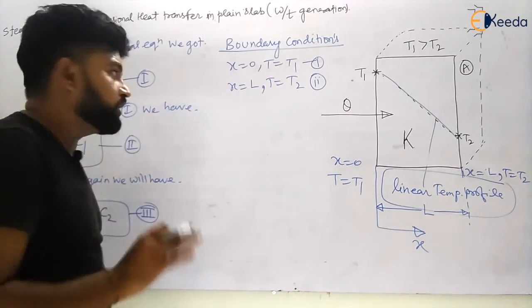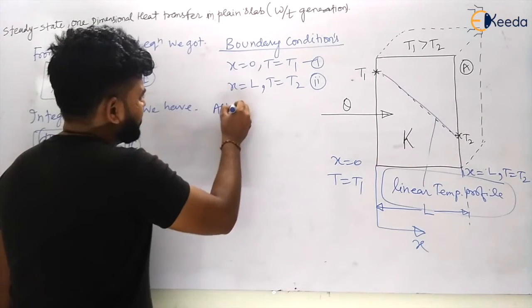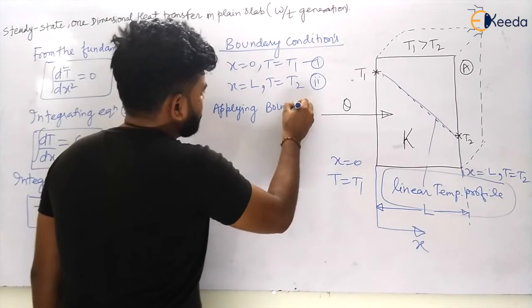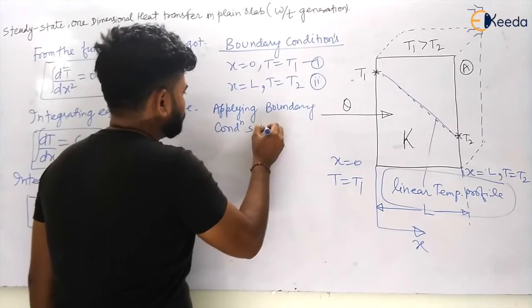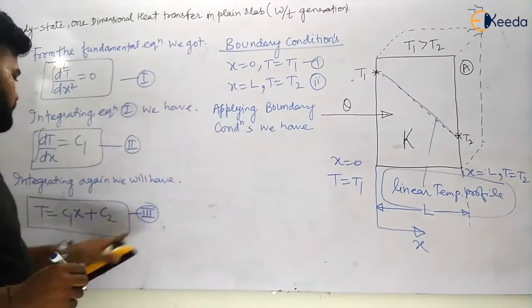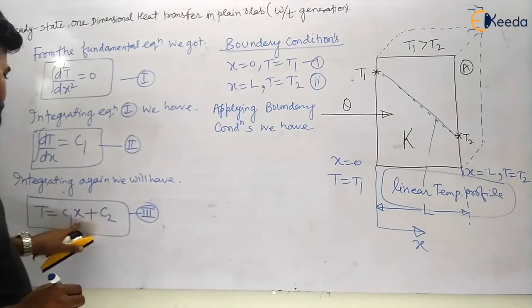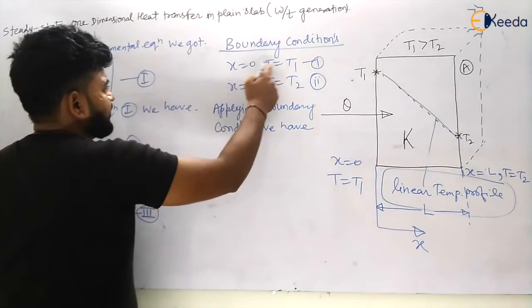Now applying boundary conditions in both these equations, what will we have? When I put x equal to 0, T is equal to T1.